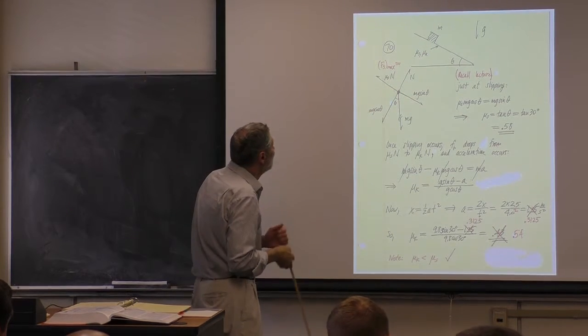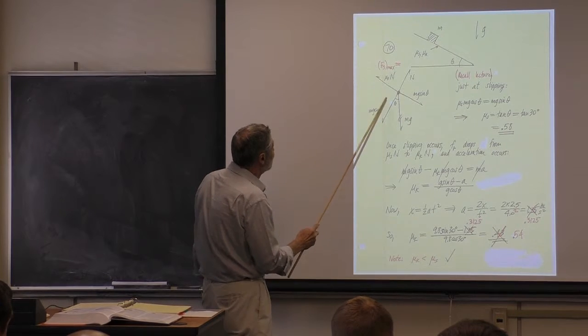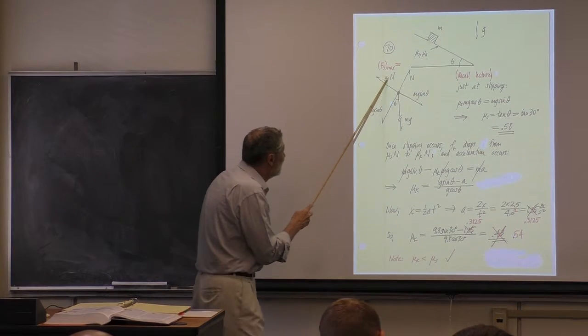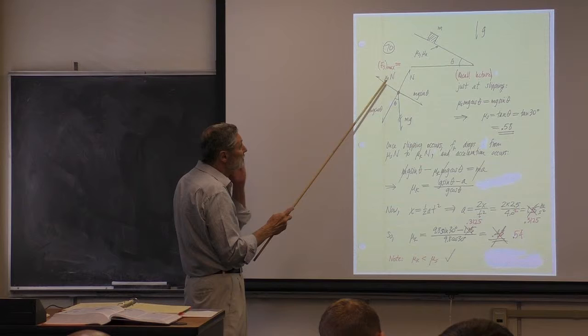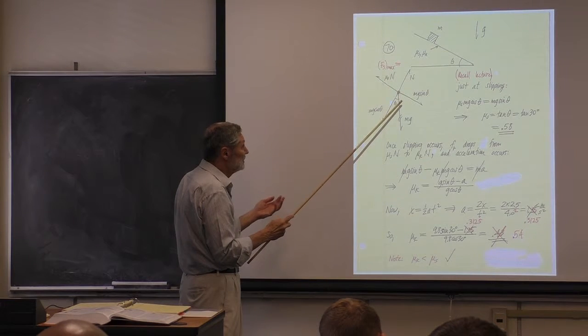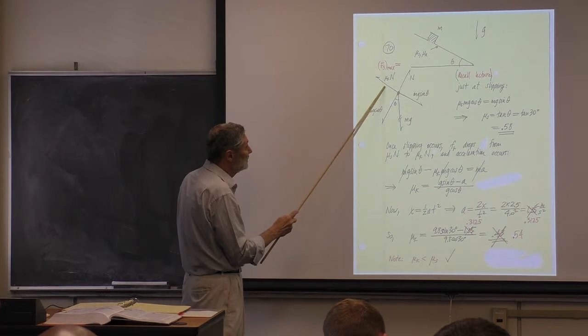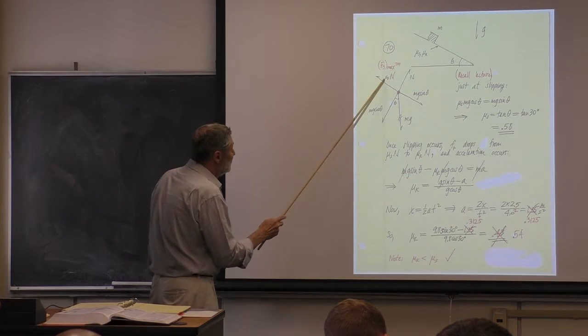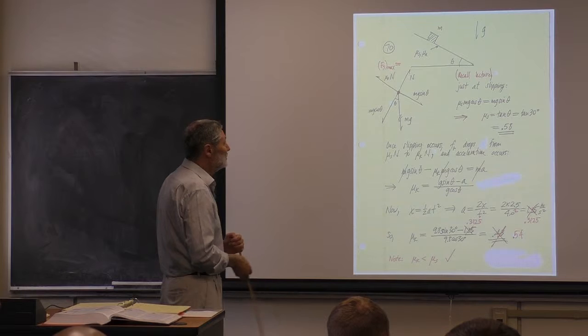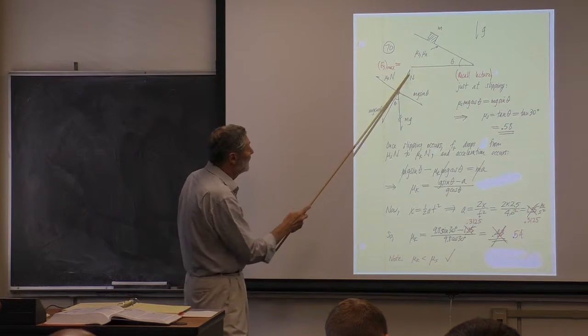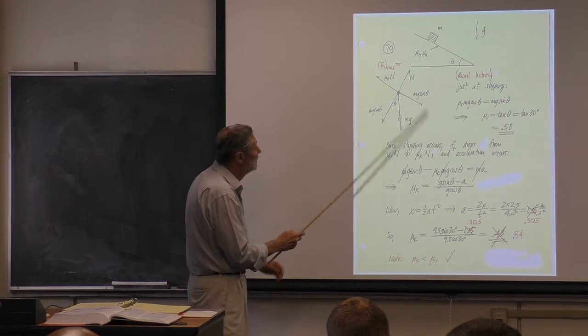So again, here's our force diagram, and we're now specifying that this is right at slipping here. So I've maxed out the magnitude here. It's mu s, coefficient of static friction, times the normal force. The normal force has to be balanced by this component of the weight.